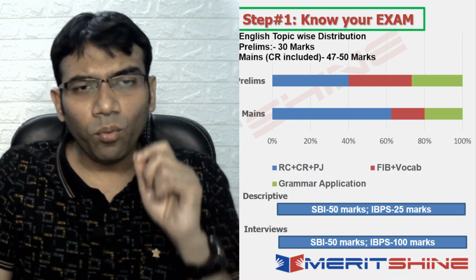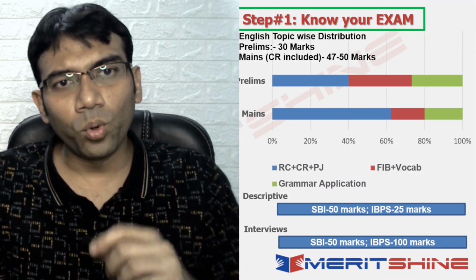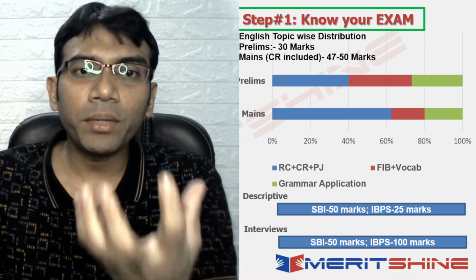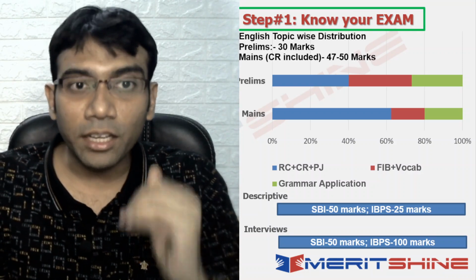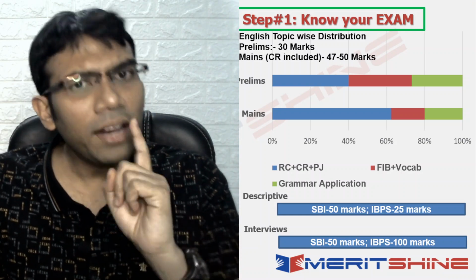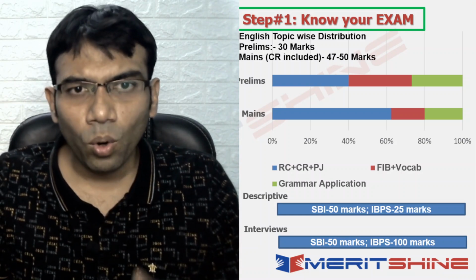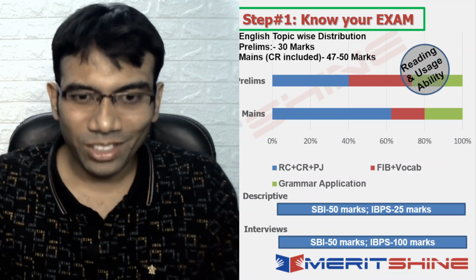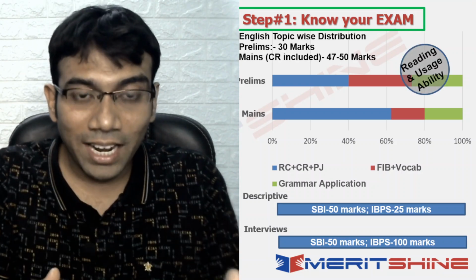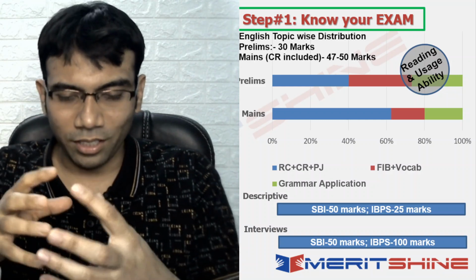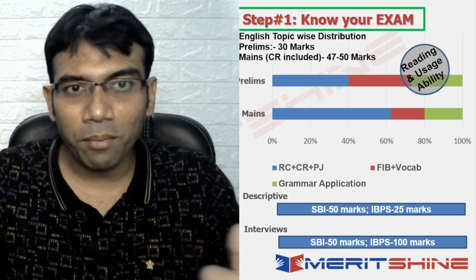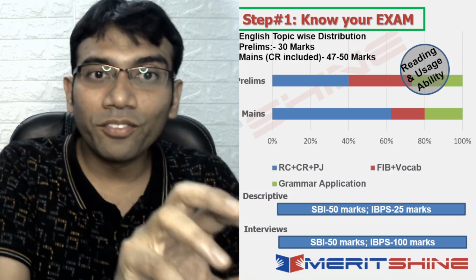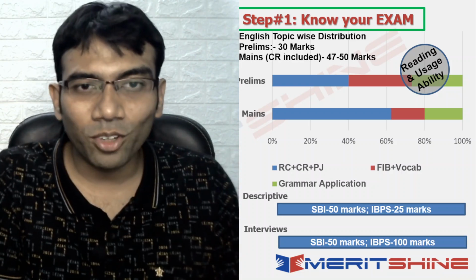Okay. Now you remember in step 2, what we have to do: we have to understand what are the skills that are being tested in different segments of the test. So in prelims and mains, in the objective paper, what is tested? Your reading and usage ability, your ability to read and understand, to use, whether it's in grammar or vocabulary usage, or understanding what would fit in the blank of a particular sentence.